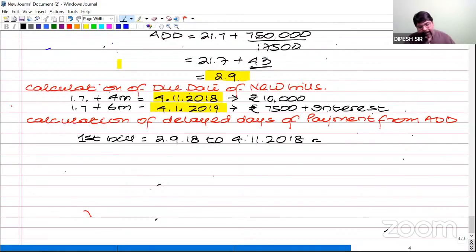That is how many days? September's 28 days are left. Why? Because September has total 30 days. First 2 days are gone, so 28 are left. October's 31 plus November's 4. So that will become 28 plus 31 plus 4. So first payment is delayed by 63 days. Correct? Yes.